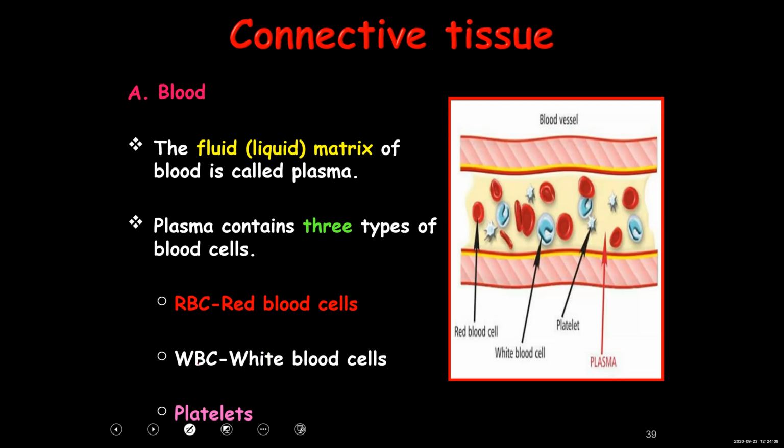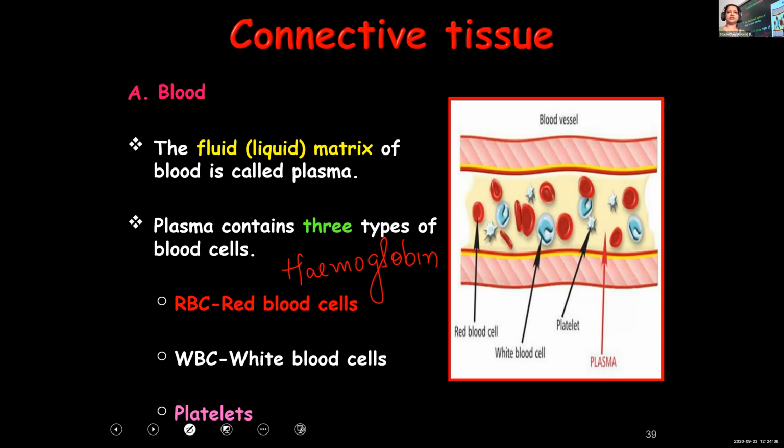What is the name? Hemoglobin. Very good. It's red in color, like the ink with which I am writing. So it's a red pigment, and because of the hemoglobin present, red blood cells transport oxygen. Its function is to transport oxygen.